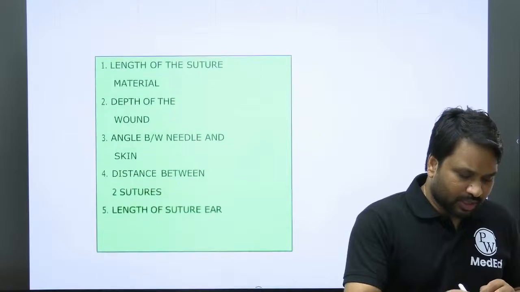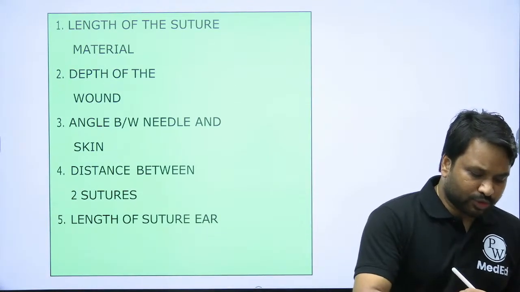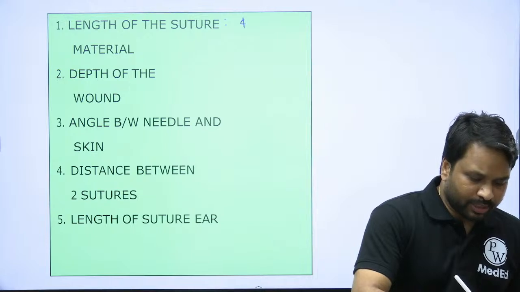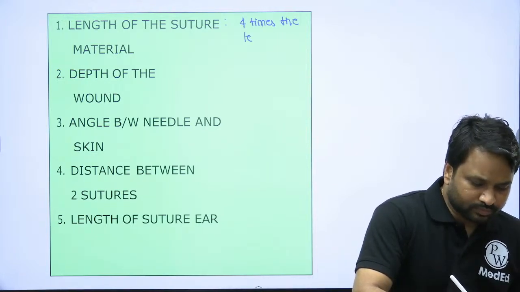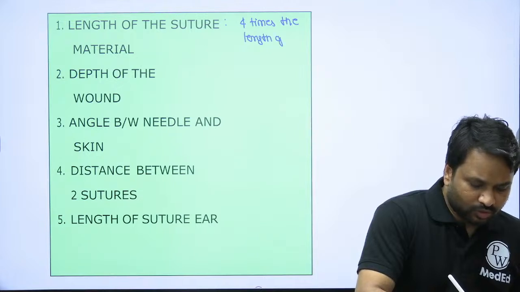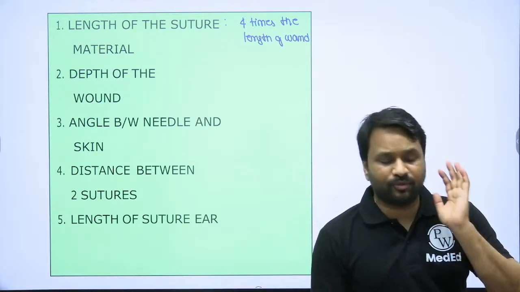Now, what are the rules of suturing that we follow? What is the length of the suture material required? Remember, it should be a minimum of 4 times the length of the wound. So, if the wound is 10 centimeters, the suture material to close that wound should be a minimum of 40 centimeters.